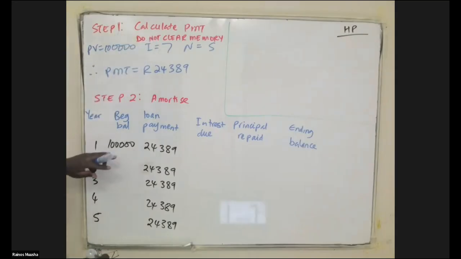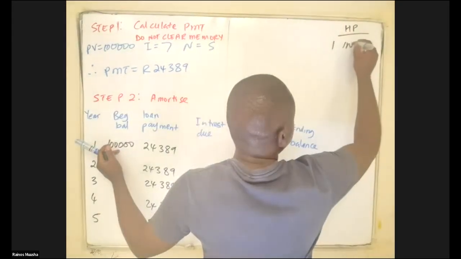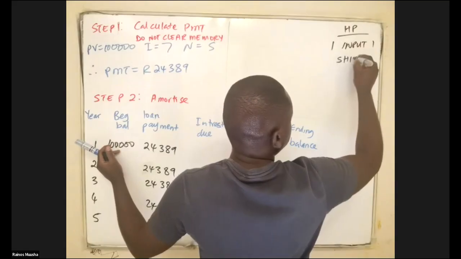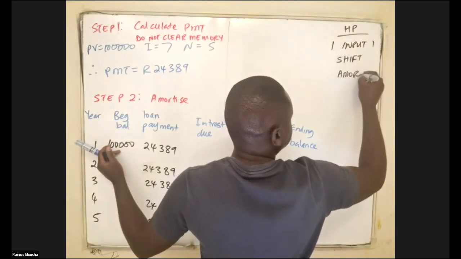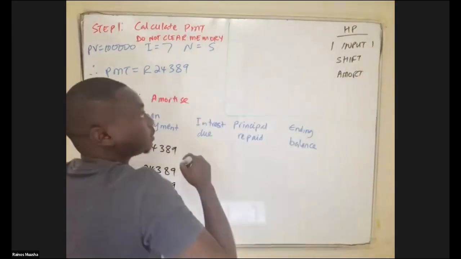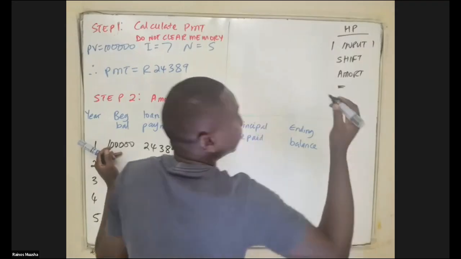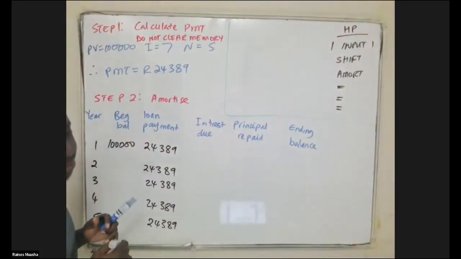You now need to find out how much I paid as interest and principal, and the closing balance at the end of year one. To see that breakdown, you press 1, you press the input button, you press 1 again, then you press shift and then amort on your calculator. If you keep pressing the equal sign, it will give you the breakdown of the interest, the principal, and the closing balance.